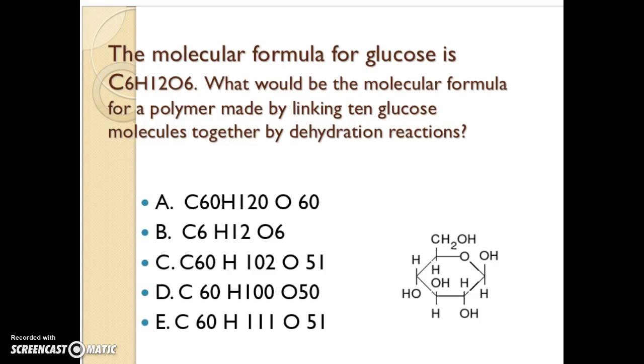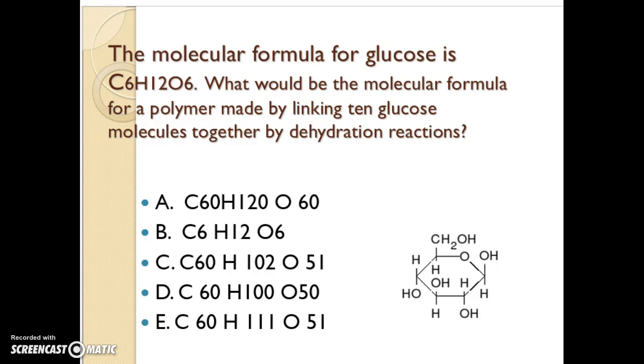So what we would do is say we have 10 of these molecules of glucose. So we'd say 10 times C6H12O6 would give us the total number of carbons, hydrogens, and oxygens that are going to be combining into the polymer.